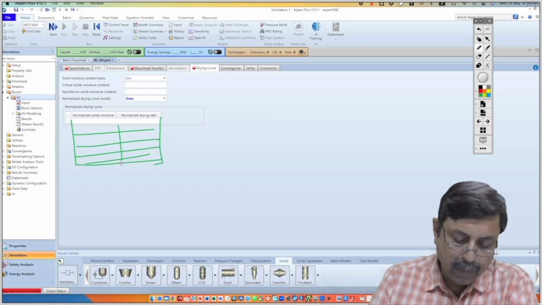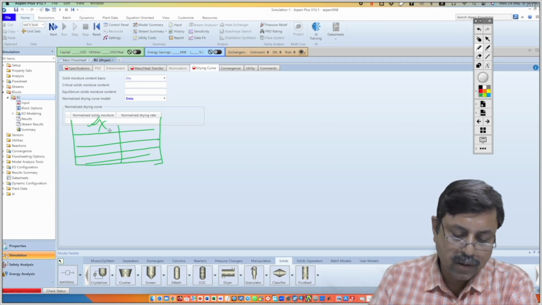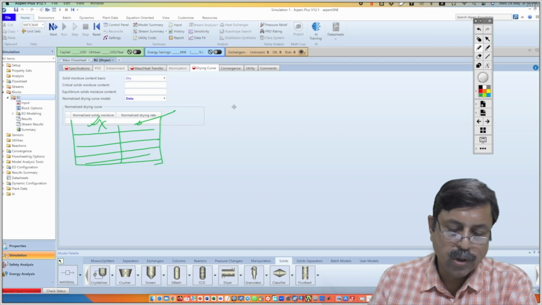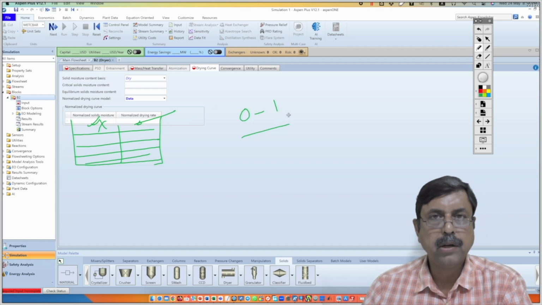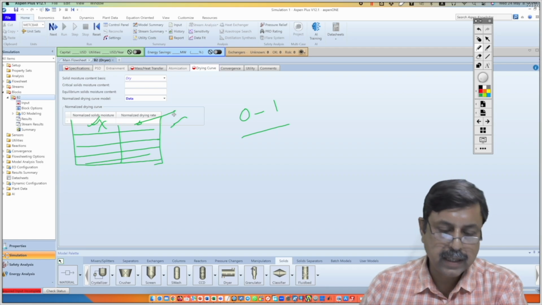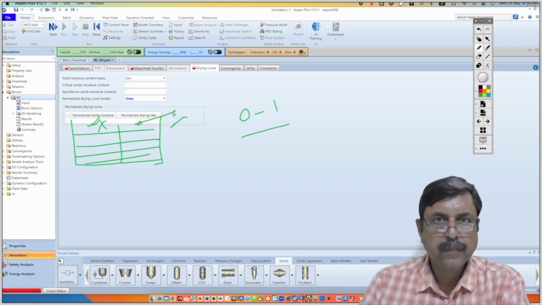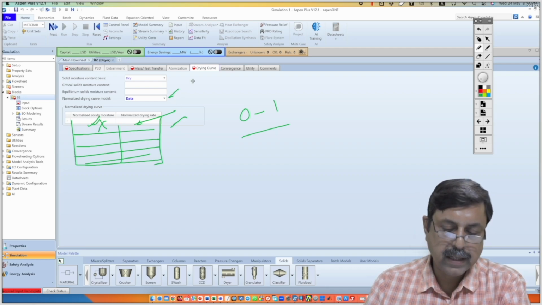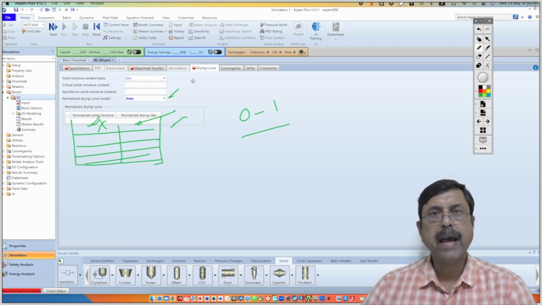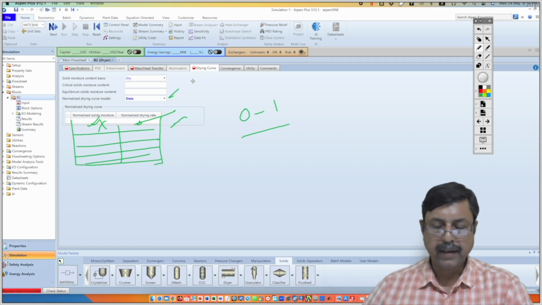So a table will open, and here against the normalized moisture content X, you have to provide the value of the drying rate. Both will be between 0 and 1 because it is normalized. So if you have the data, you can give the data, or if you know the shape factor, you can provide the shape factor. So this is how the convective dryer calculation can be set.